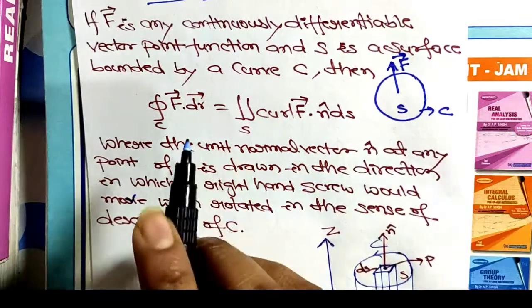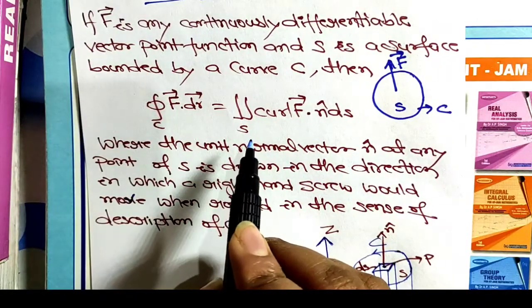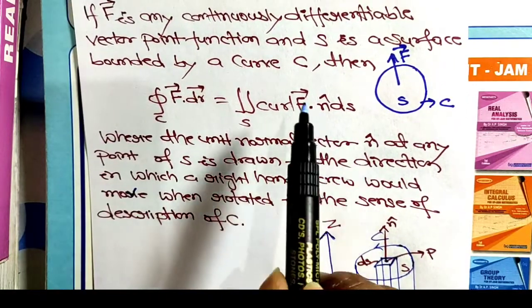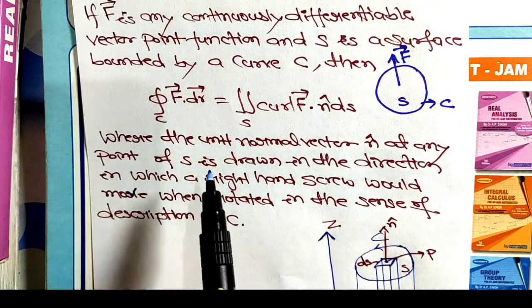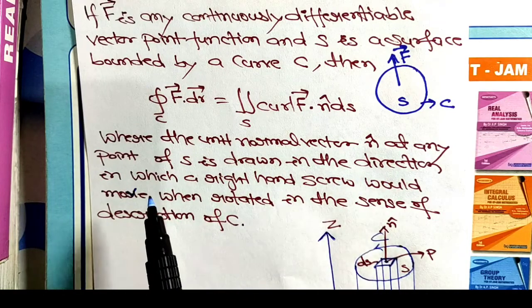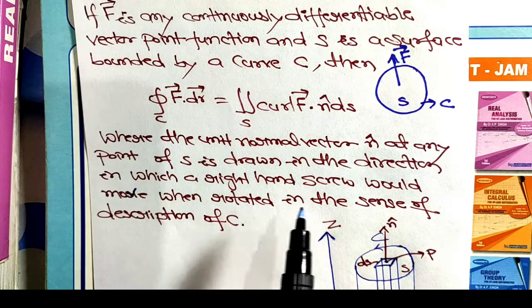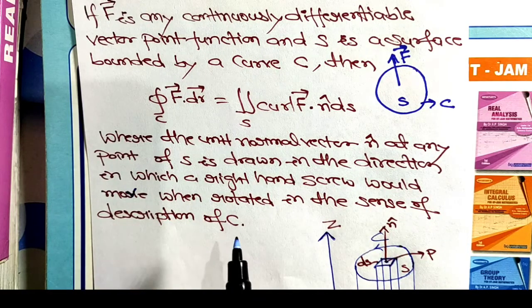Then we have to prove the line integral equals the surface integral of this, where the unit normal vector n at any point of S is drawn in the direction in which a right hand screw would move when rotated in the sense of description of C.